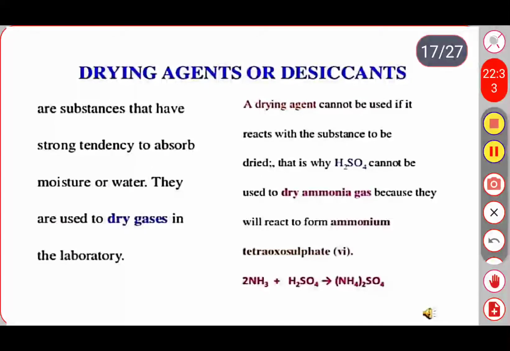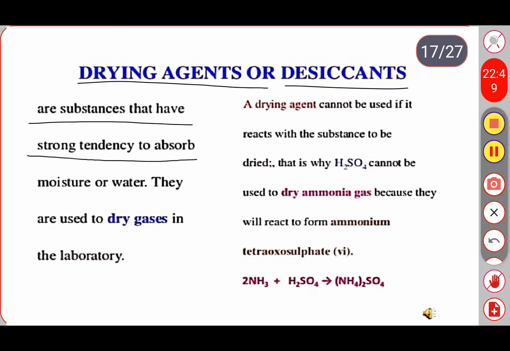See, some more information is given about drying agents or desiccants. Let's see that one. Drying agents or desiccants are substances that have a strong tendency to absorb moisture or water. They are used to dry gases in laboratories.